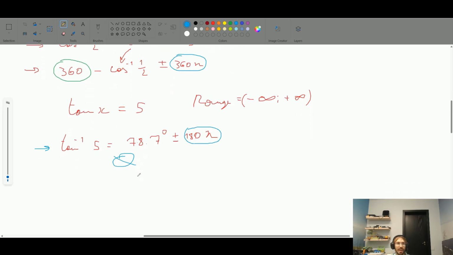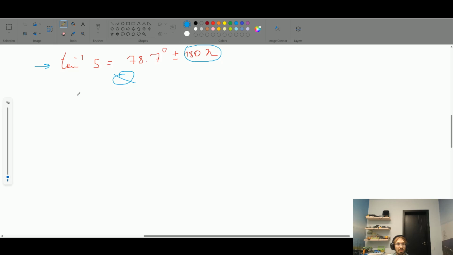So let's recap the main difference between sine, cosine and tan. For sine, you should write sine minus 1 of your result, for example, in this case sine x equals 1/2.